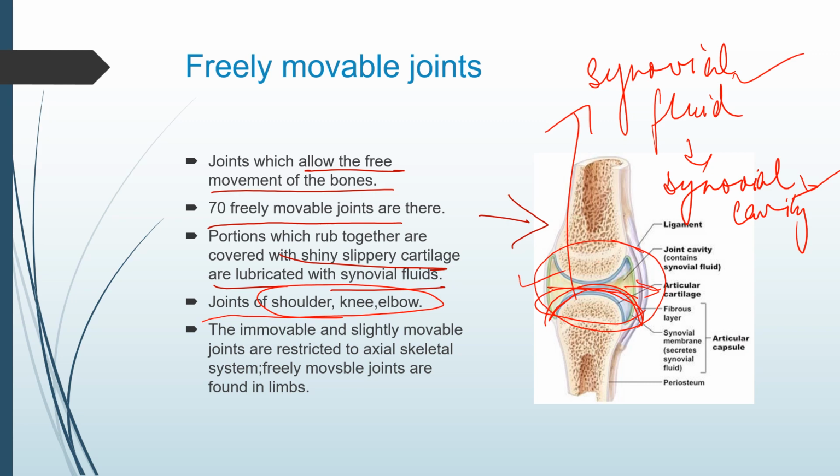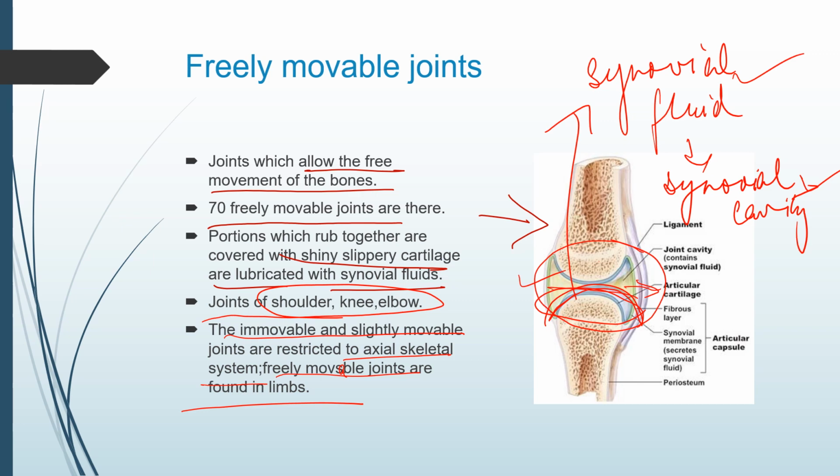Now, the immovable and slightly movable joints are actually restricted to the axial skeletal system, as we have already said earlier. And the freely movable joints are found in the limbs. So what are these limbs? These limbs are actually the appendicular skeletal system.